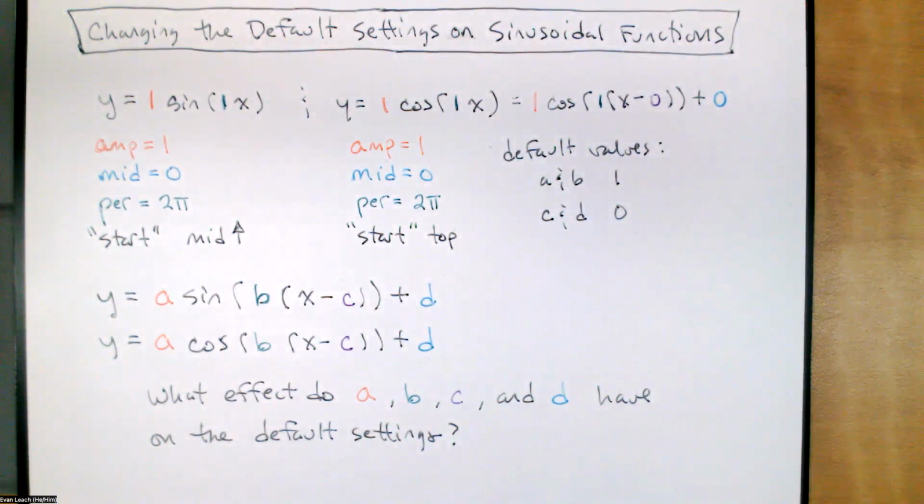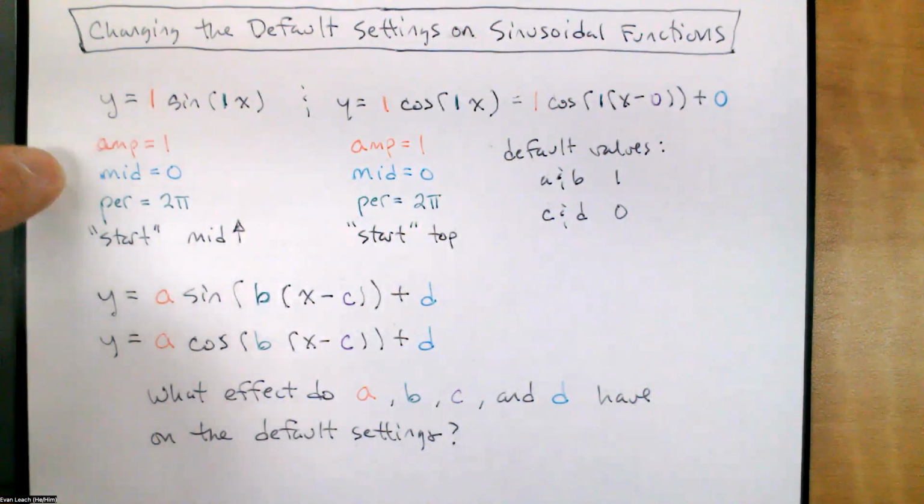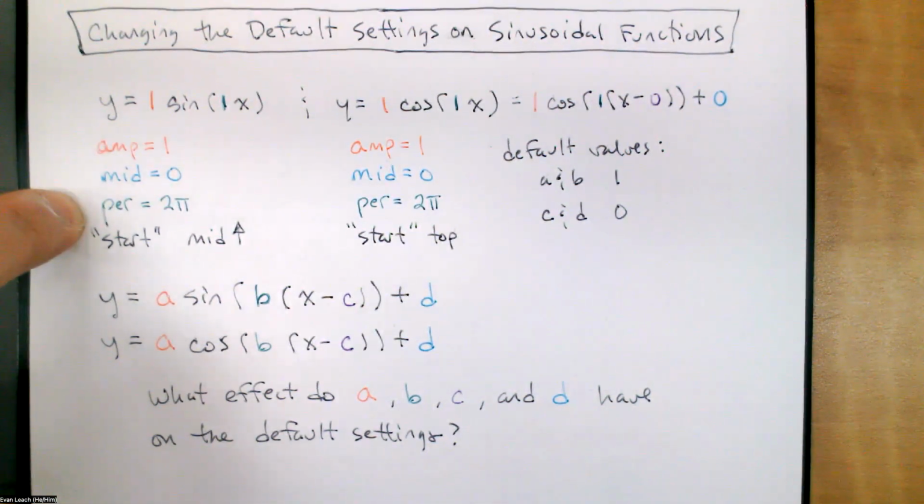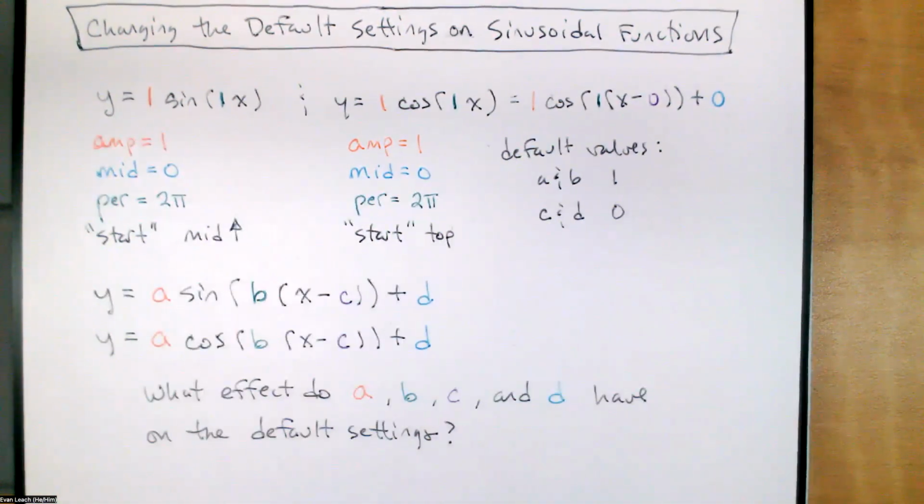Sinusoidal graphs. We want to figure out what changing the values of A, B, C, and D do. Changing these values, what effect does that have on the amplitude, the mid, the period, where things start?